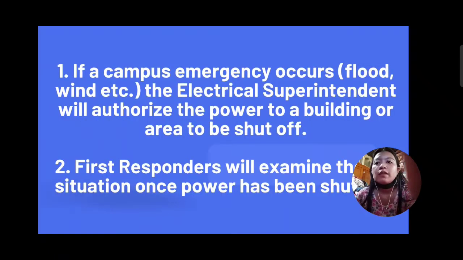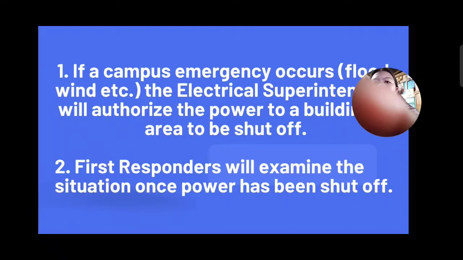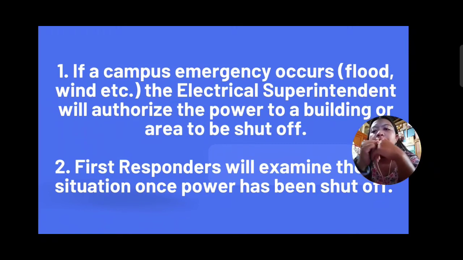And then next, the first thing to do is if a campus emergency occurs like flood, wind, etc., the electrical superintendent will authorize the power to a building or area to be shut off. So as I said earlier, if there is a strong typhoon or flood, it is very important to shut off the electricity.